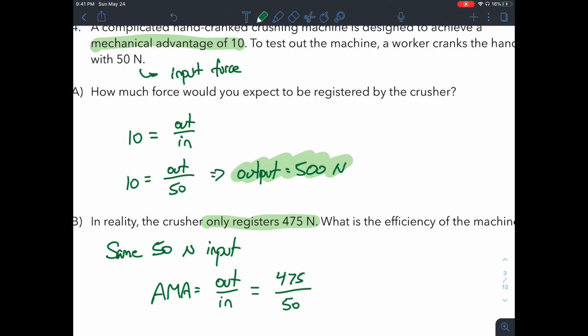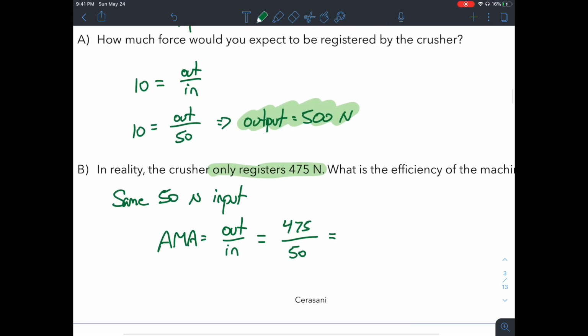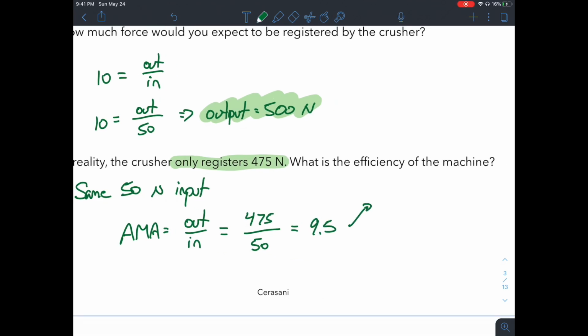We're putting in 50, which means the actual mechanical advantage is only 9.5, okay? Which tells us that the efficiency of the machine is our AMA over our ideal mechanical advantage, 9.5 divided by 10, which means it's 95% efficient, right?